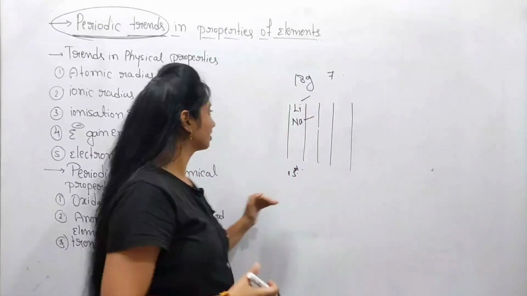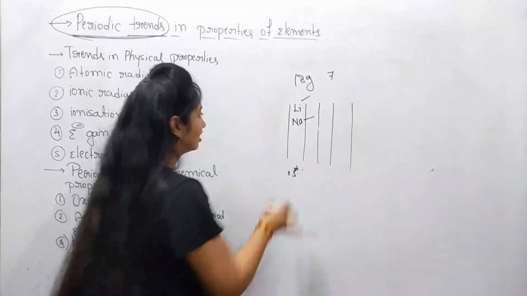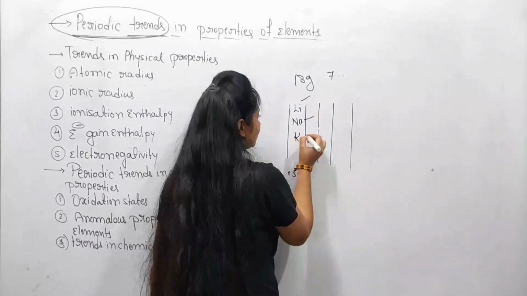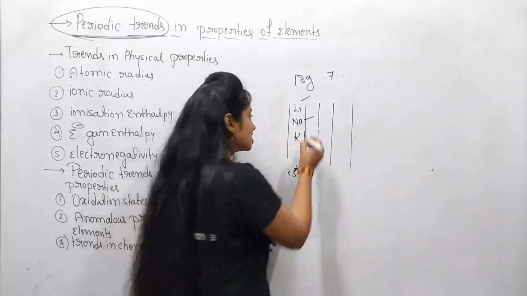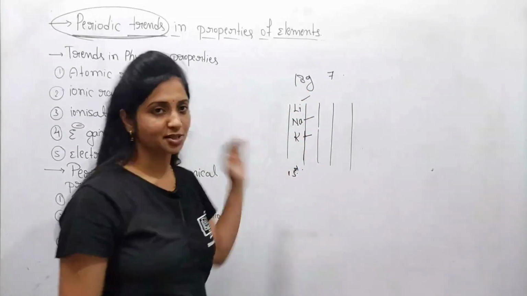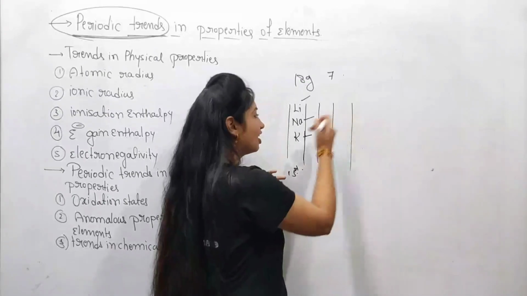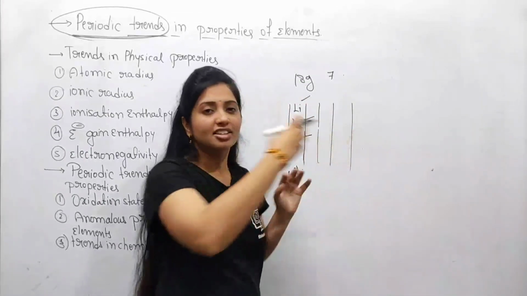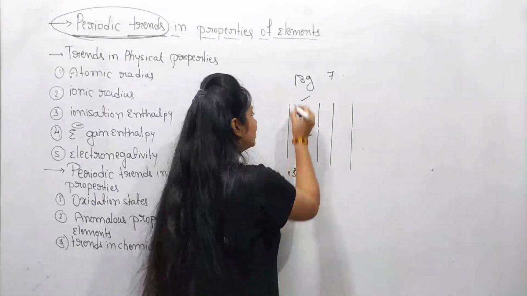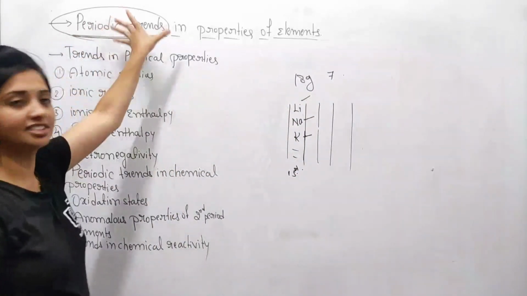Next, after some interval, the potassium element will come here, and potassium also has similar properties like lithium and sodium. So like this, after some elements at regular intervals, the similar properties are repeated. So these are called periodic trends.